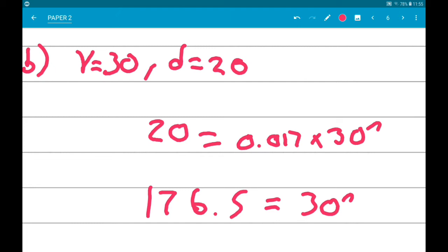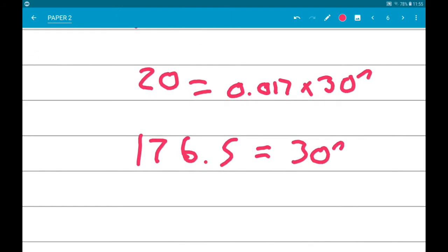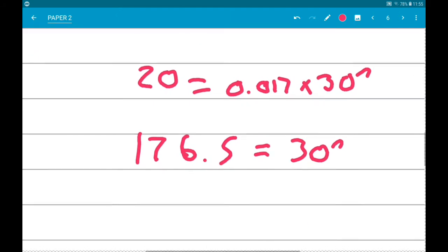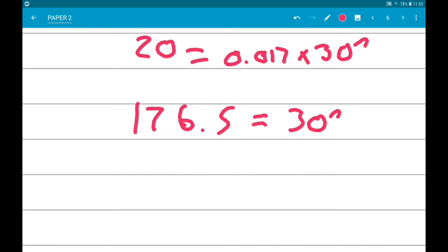Now take logs on both sides, so I would use ln log.